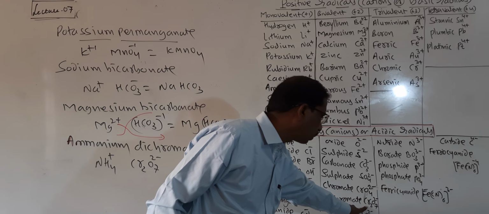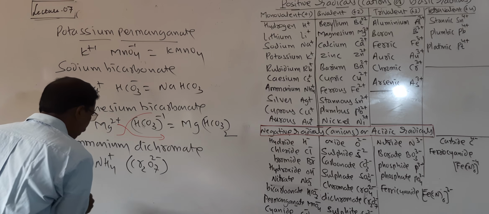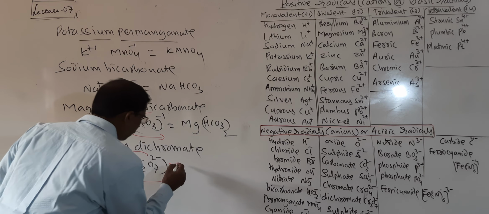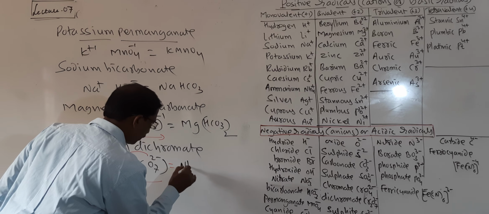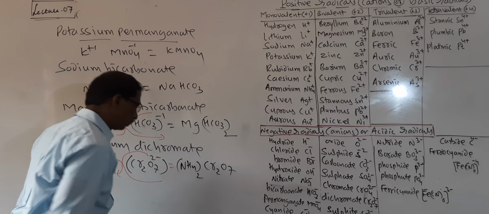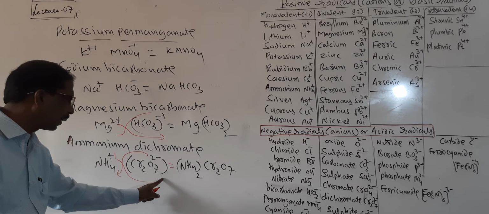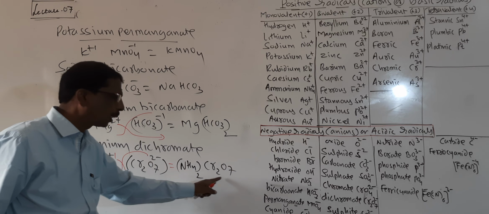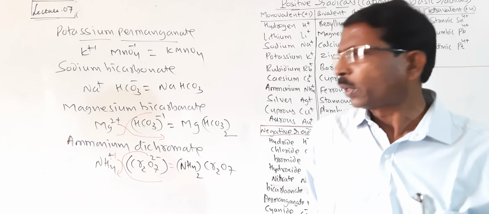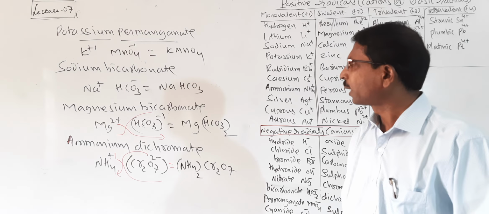I will write it complete with brackets, this 2 is multiplied here and this 1 is multiplied here, and then it becomes (NH4)2Cr2O7. Ammonium dichromate. And similarly you may write potassium dichromate also.